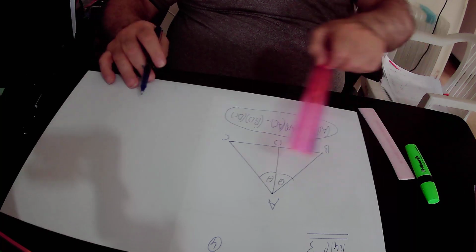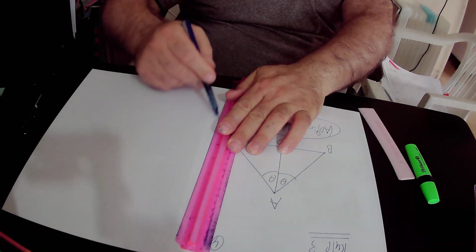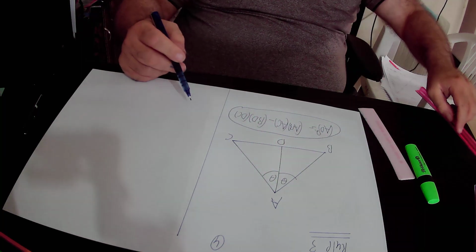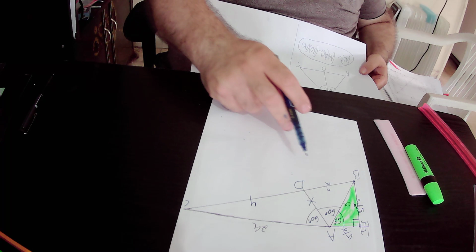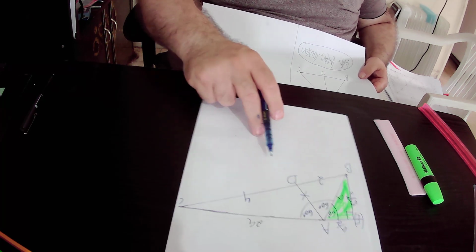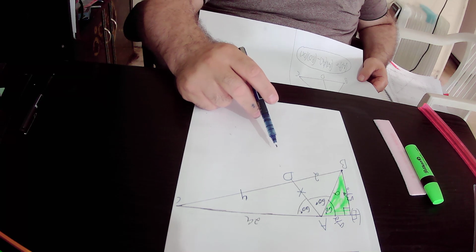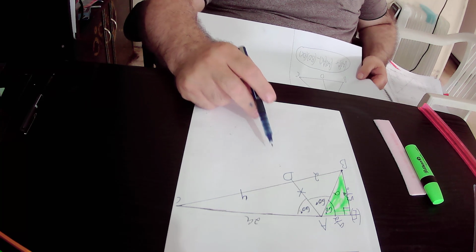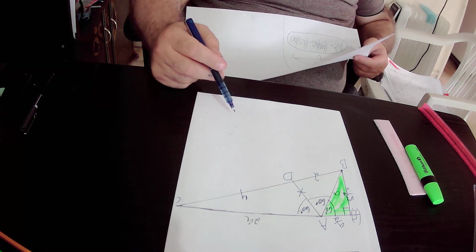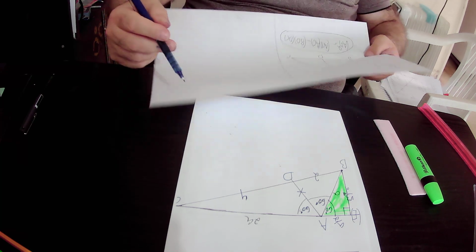We can implement rule number 3 in triangle ABC. Why? Because triangle ABC has the angle bisector AD. So I'll copy triangle ABC in the new page, and we will implement the angle bisector theorem on triangle ABC.